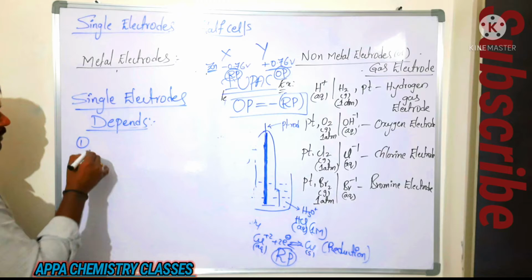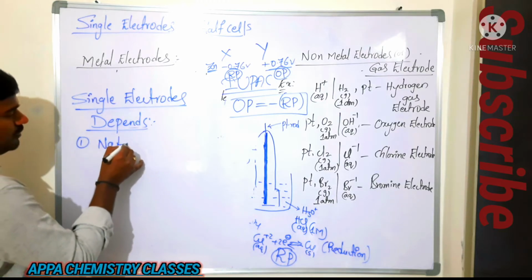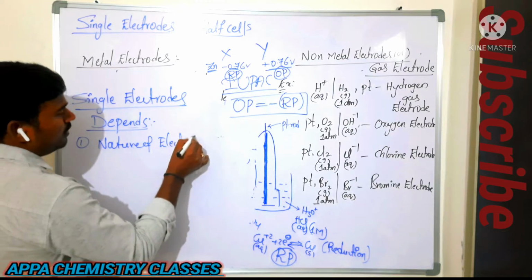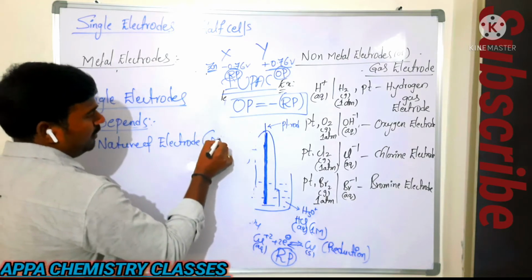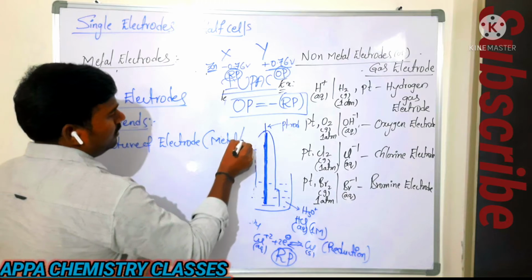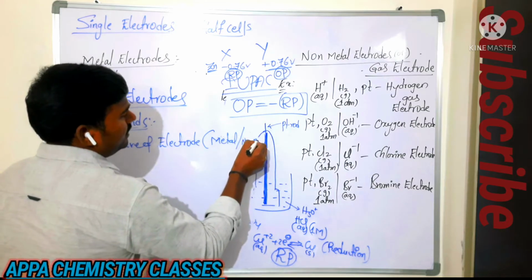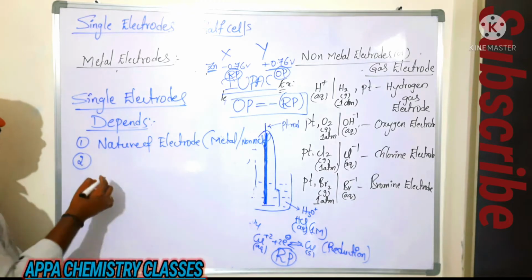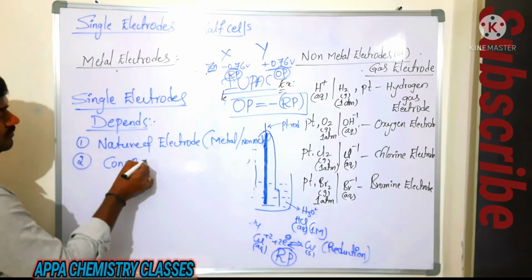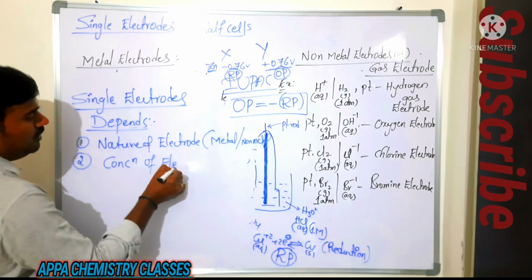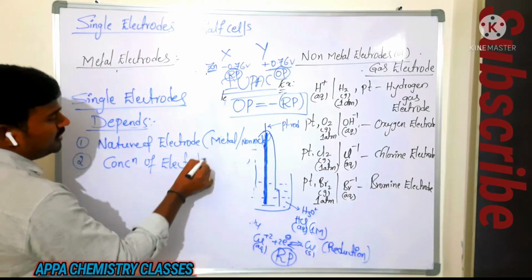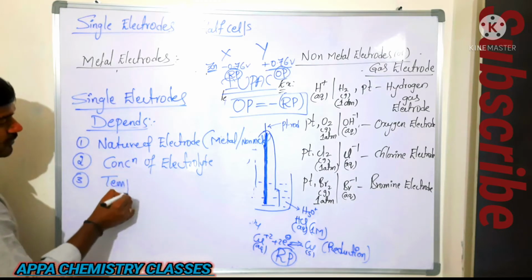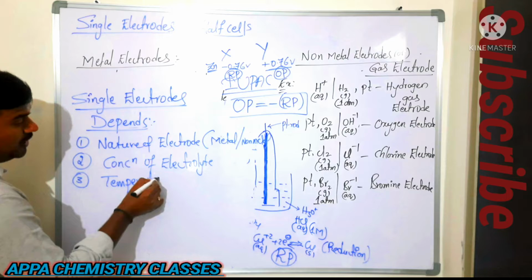First one, it depends on the nature of electrode, whether it is a metal or non-metal electrode. After that, what is the second factor? It depends on the concentration of electrolyte. Third one is temperature. It depends on the temperature.